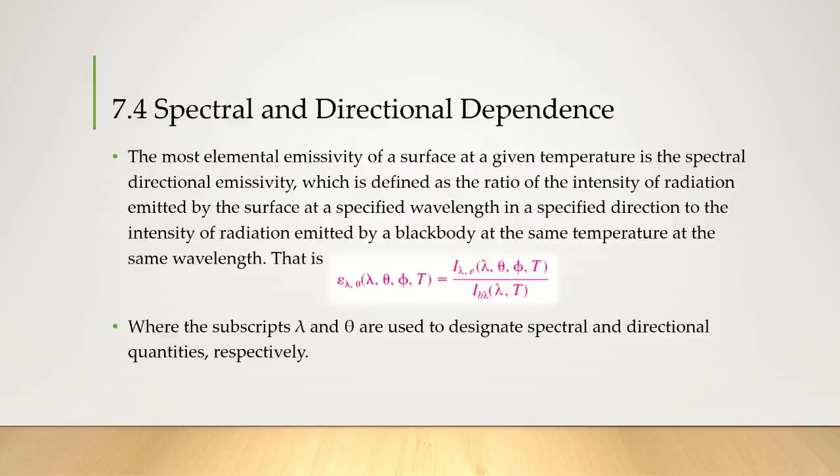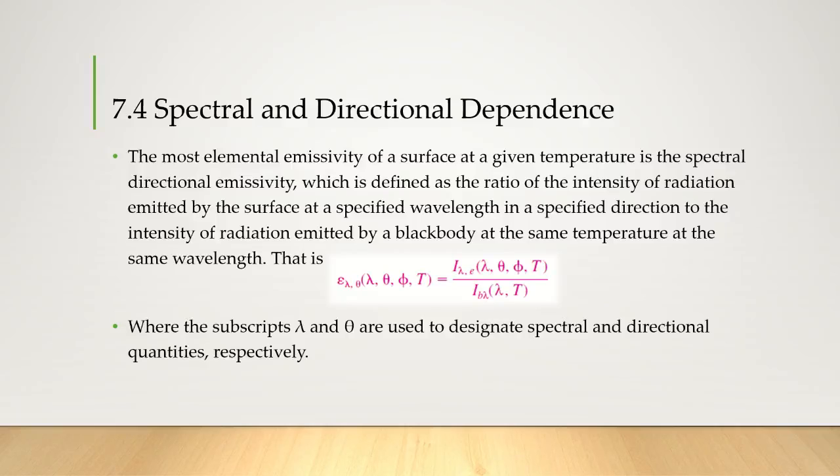The most elemental emissivity of a surface at a given temperature is the spectral directional emissivity, which is defined as the ratio of the intensity of radiation emitted by the surface at a specified wavelength in a specified direction to the intensity of radiation emitted by a black body at the same temperature at the same wavelength.